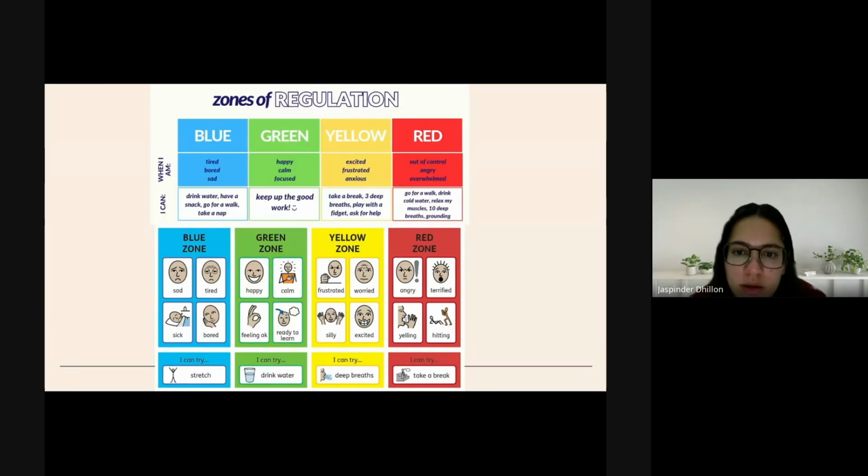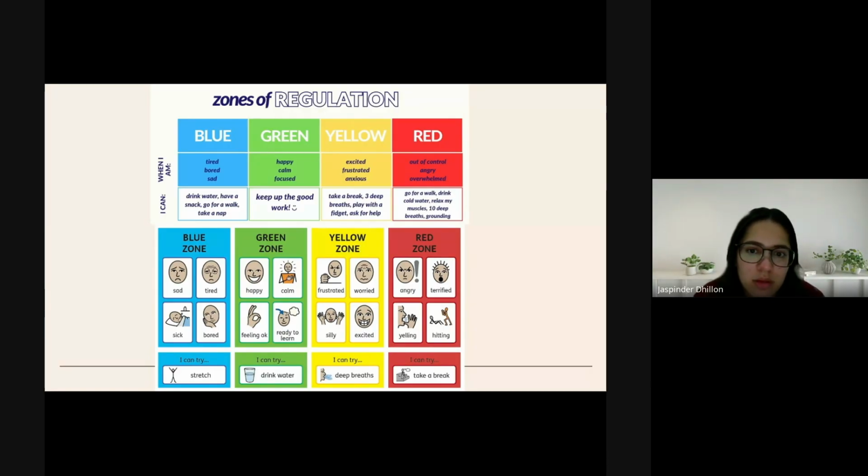So in the green zone, the emotions are happy, calm, they're in a state that's ready to learn. If they're in the blue zone, they may be feeling sad, tired, sick, or bored. If they're in the yellow zone, they could be frustrated, worried, a little bit silly or excited. And if they're in the red zone, they could be angry, terrified, out of control, yelling, hitting.